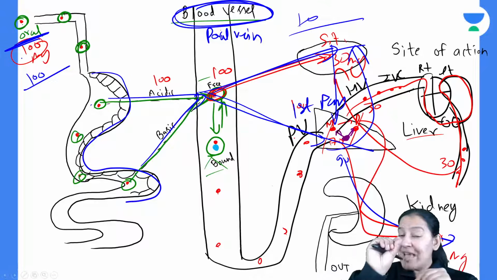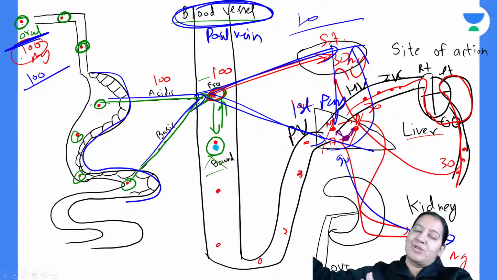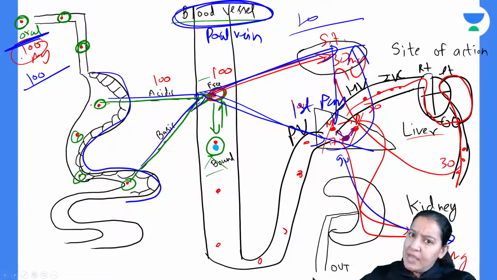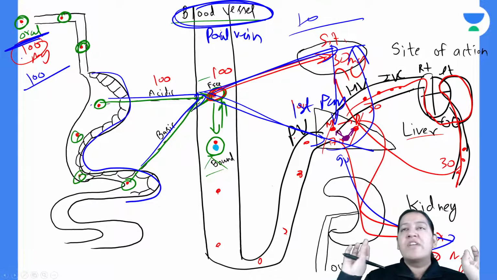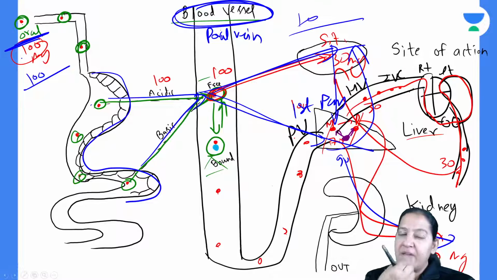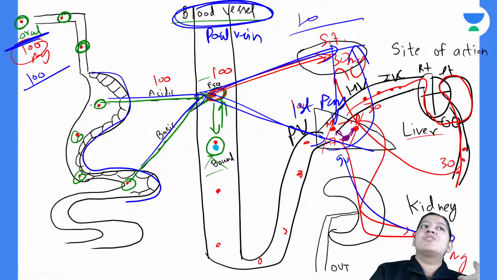Because my drug is having high first pass metabolism, liver will take maximum drug to the excretion, and only very few amount will come in the aorta, that will go to my brain and act on my headache. So there is no use of giving. My headache will not be cured because I am giving 100, only 10 or 5 is reaching, only 1 is reaching. So my disease will not be cured. There is no use of giving such drug by oral route.